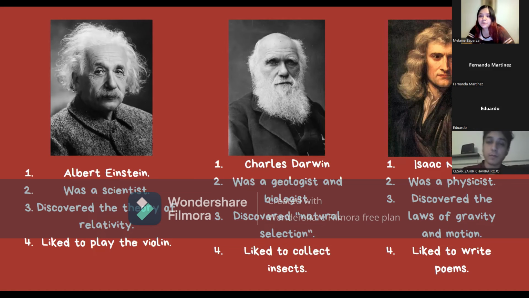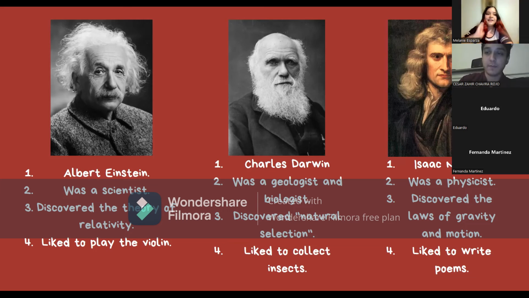Okay, and now you are going to give me an example using a relative clause. Using these three characters, we are going to make sentences using the relative clauses. For example, first we have Albert Einstein. An example that we can make with his information can be: Albert Einstein, who was a scientist, discovered the theory of relativity.